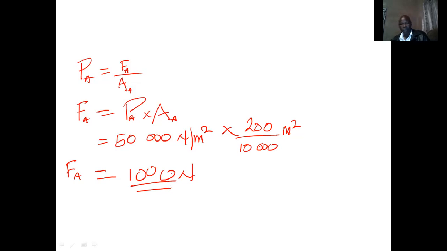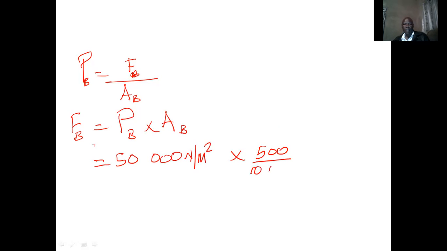Then the force on B: pressure on B would be equal to the force exerted on B over the area for B, which means the force produced for stone B is equal to pressure on B multiplied by the area of B, which is the same pressure, 50,000 newtons per square meter multiplied by the area, which is 500 over 10,000 square meters.